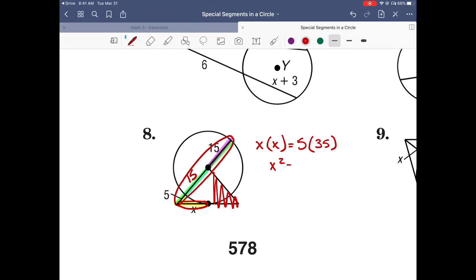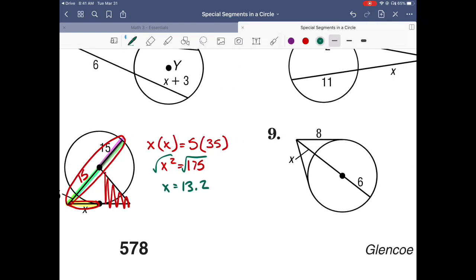So x squared equals 5 times 35, which is 175. We can take the square root of both sides. And x equals 13.2.